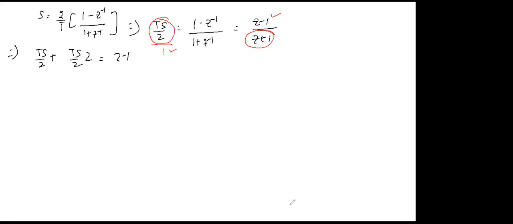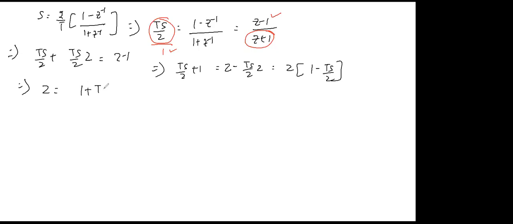Just take this on the left hand side, Ts by 2 plus 1, and take this part on the right hand side, z minus Ts by 2 z. Take common z, it is 1 minus Ts by 2. Then what you got here: z equals (1 plus Ts by 2) divided by (1 minus Ts by 2).